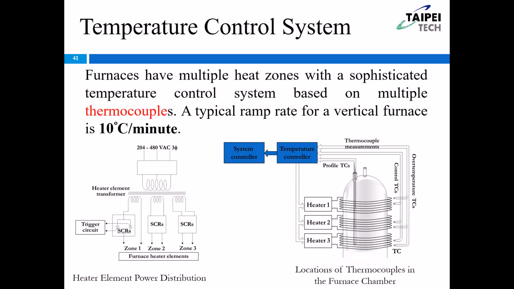And in this slide we don't go through the detail about the heating system, okay? We just show you how we use the thermocouple to detect the temperature, and we use the thermocouple to detect the temperature of the quartz tube, okay?